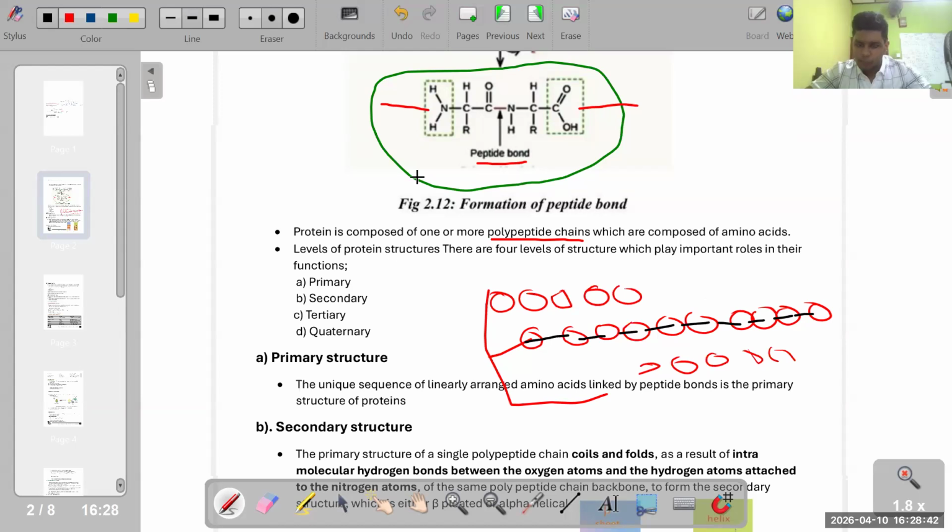This polypeptide chain, as it is formed, won't be functional. The protein should be functional to be used in the human body or in the plant body. For a protein to function, it should be functional. Can you get the point? Unless it's functional, it cannot be used in various functions. Like a normal country citizen, he should pass the age of 18 to be used as labor. He should be mature.